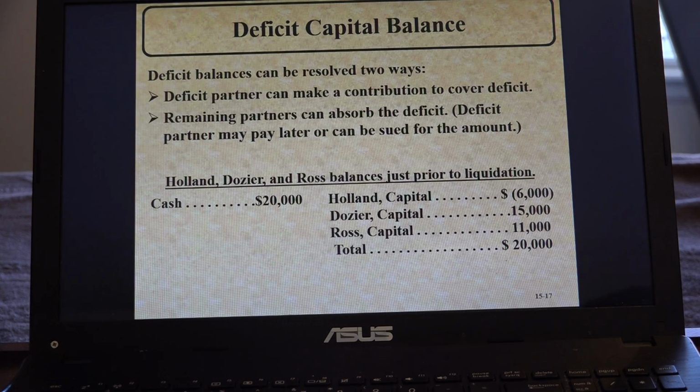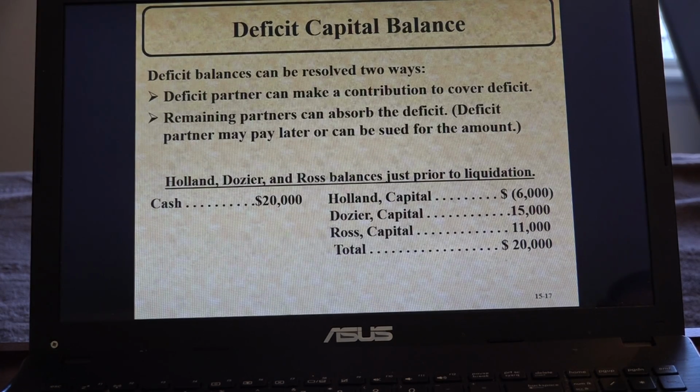As a matter of fact, remember, if the partner with the deficit capital account is in bankruptcy, the partners can't do anything without the court's approval to force that partner to pony up money. And then, of course, you've got all the other creditors standing in line. So once bankruptcy's been filed, it's kind of hard to get that partner to pay up.